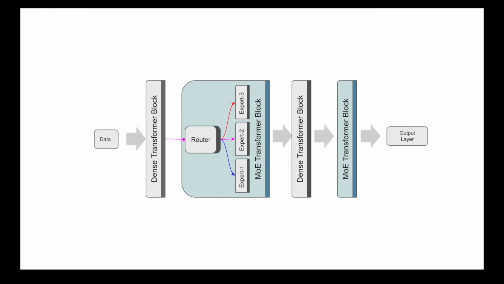So we must understand that mixture of experts is very different from the ensemble method of solving problems. In the ensemble method, we have a data set where the problem stays, and we have a group of algorithms to process this data.